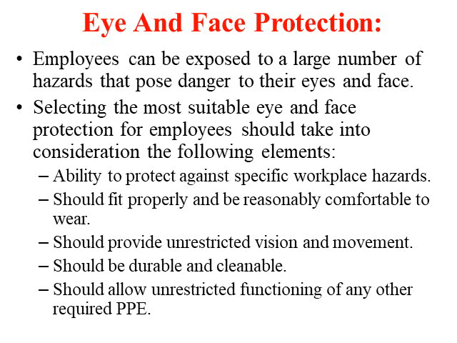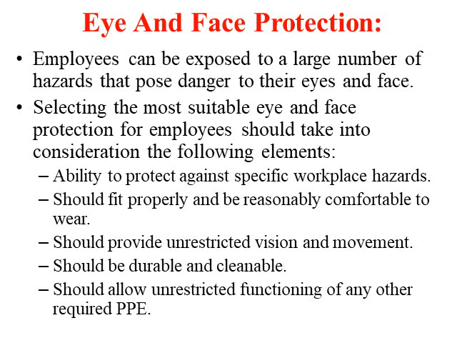The first consideration is the ability to protect against specific workplace hazards. Whatever PPE an employee is using should protect him against the specific hazards of whatever he is working on. It should fit properly and be reasonably comfortable to wear. And it should provide this important thing: unrestricted vision and movement.